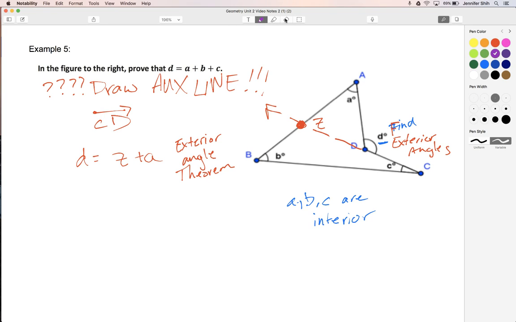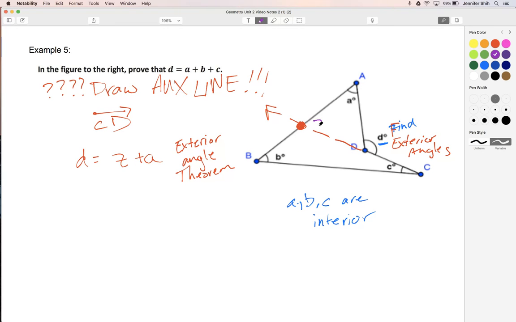What's odd is that Z is also, it's coming back. Z is also the exterior angle theorem of this triangle here. So let's see if that'll get me anywhere. So Z is the exterior angle of angle B plus C.